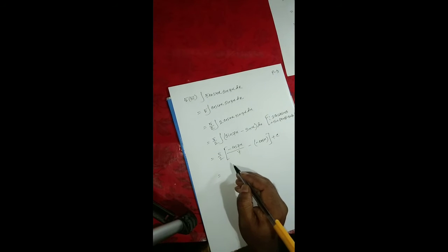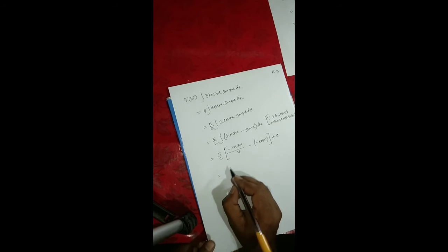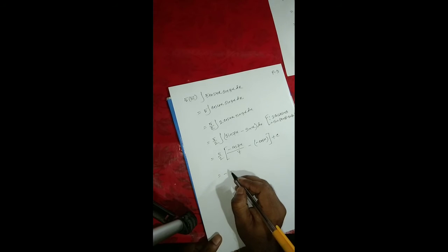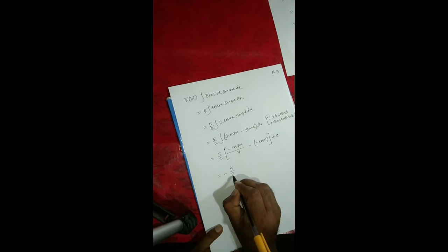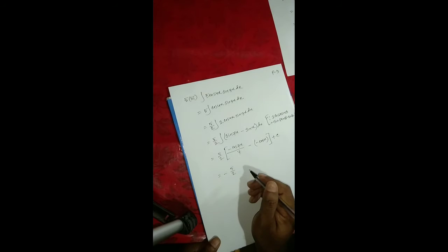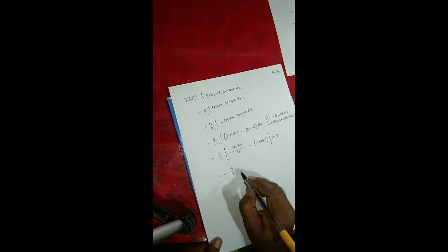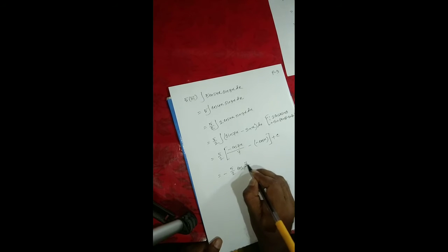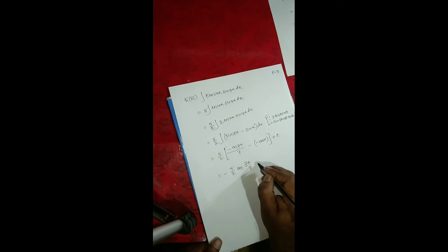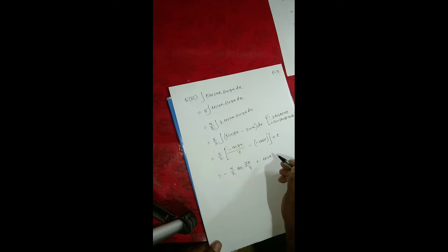Now we calculate it. Minus 5/2 cos of 7x by 7 plus cos x.